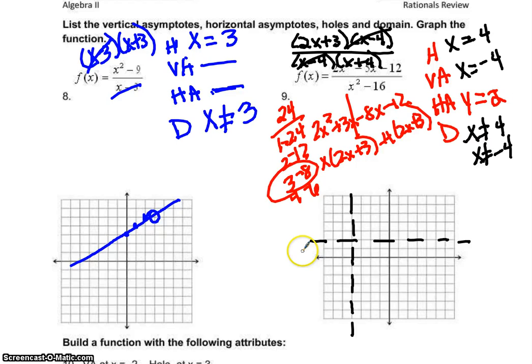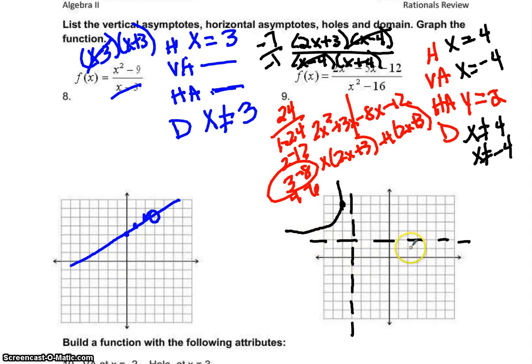Find a number smaller than -4. So if I go with -5, you're going to say -7 over -1, so 7. So -5 would actually be up at 7. All it takes really is 1 point because you're forced to curve here and you're forced to curve here. So this is what your graph would look like.